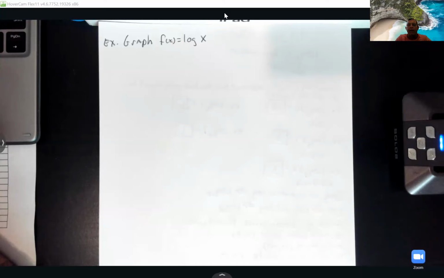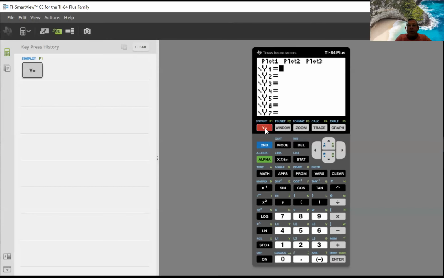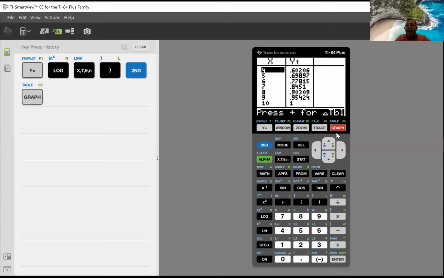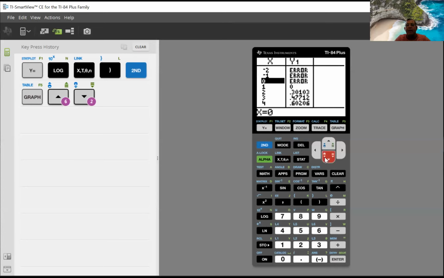I'm going to go to y equals. Log is right here by the 7. So I hit log, put in my x, and close parentheses. I want you to see the table first, so you can see that the negative x's give me error messages. We can't take a log when the x's are negative.